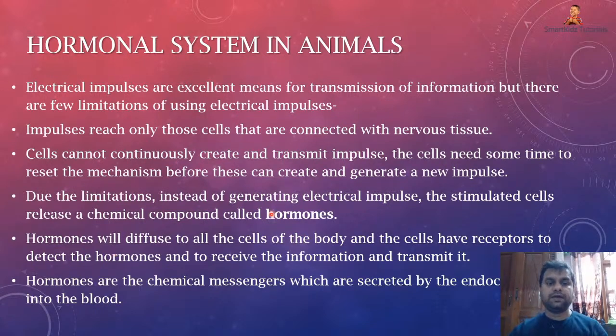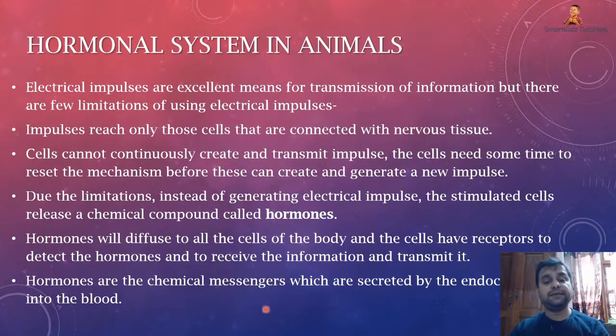Hormones will diffuse to all the cells of the body. That's what I said: they diffuse, meaning they spread out to the intended target tissues or target organs where they are supposed to get certain action done. The cells then have receptors to detect the hormone and to receive the information and transmit it further if required.